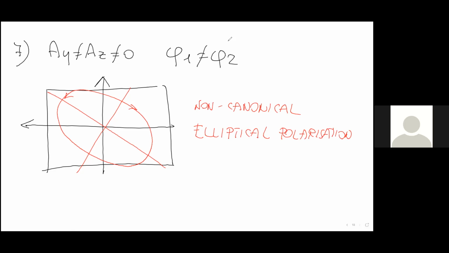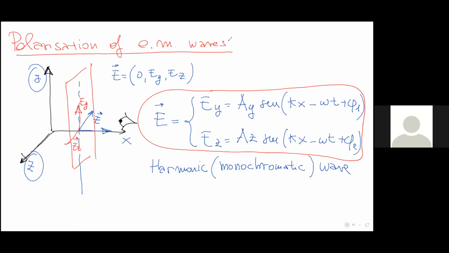Right or left-handed, so clockwise or counterclockwise. Therefore, we always have to keep in mind that in general, if you have an electromagnetic wave, it has two components of the electric field, and depending on the amplitude and on the phases of these two components, you can have many states of polarization.